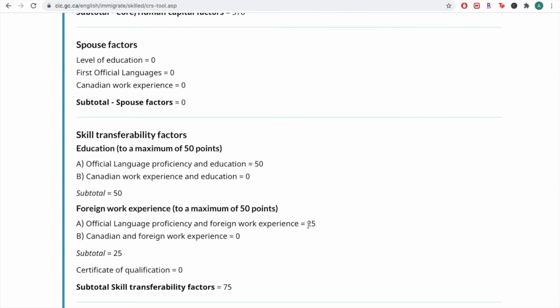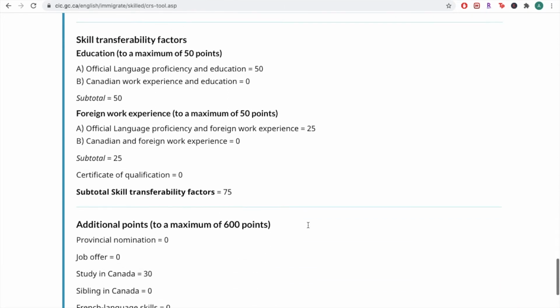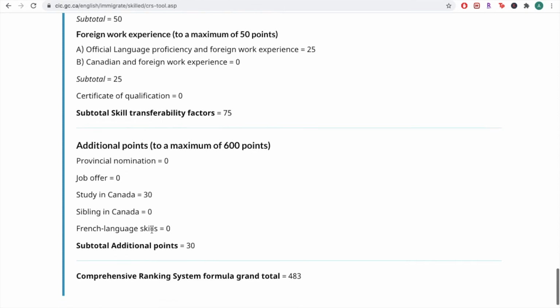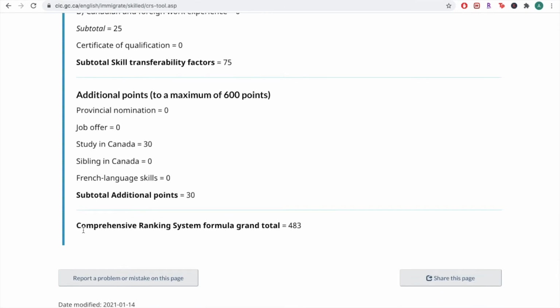That's because I only have 1 year work experience. If I have more than 1 year work experience, my points would increase. And then for additional points, for studying in Canada, I get 30 additional points. Together, it says here that my comprehensive ranking system formula grand total came up to 483 points.